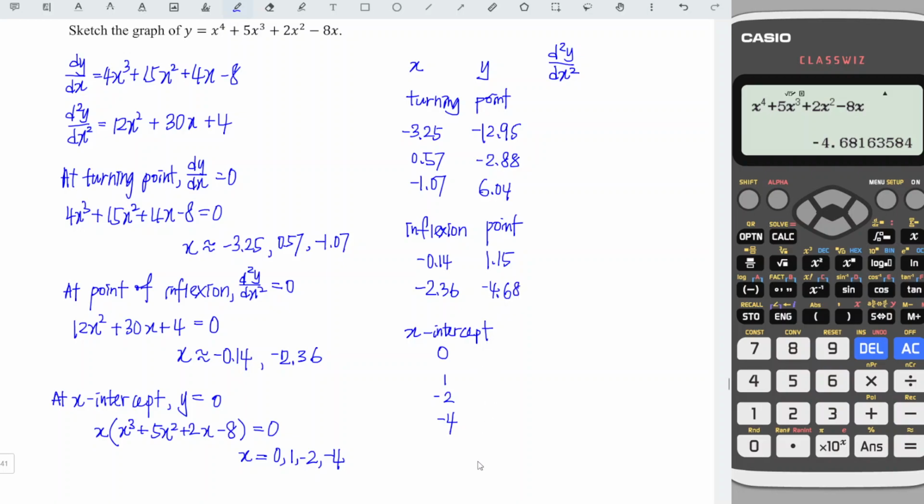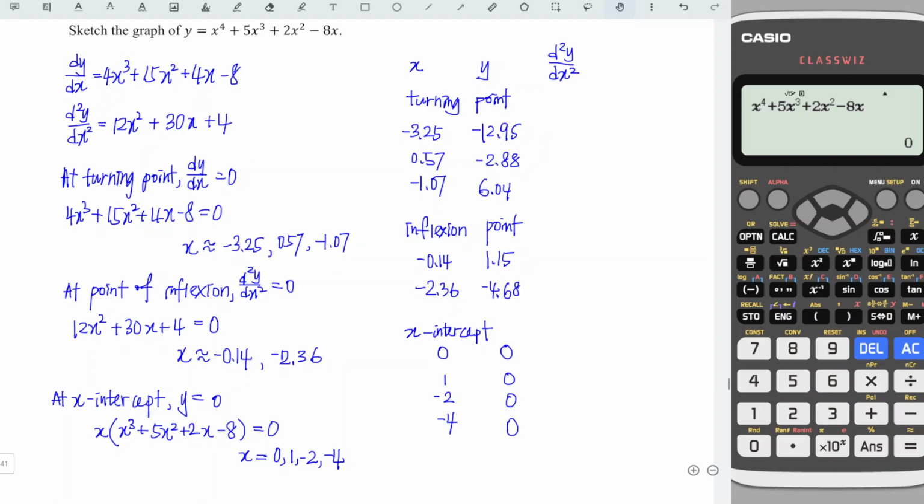For this, we can double check or we can simply ignore, because we know that at the x-intercept, y is definitely equal to 0. So in case we worry that we determined it wrongly, we can also check. Calculate when x is equal to 0, we obtain 0. When x is equal to 1, again it is 0.